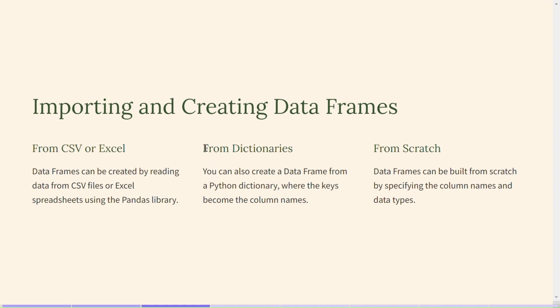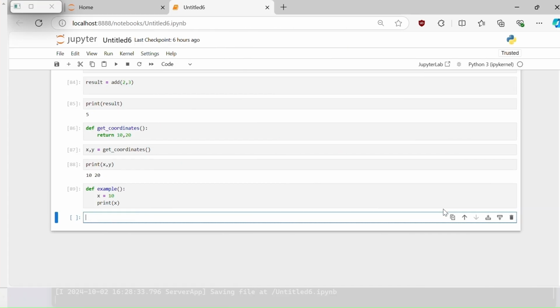If you create a data frame from a dictionary, you can create a data frame from your Python dictionary where the keys become the column names. And if we create a data frame from scratch, data frames can be built by specifying the column names and data types. So now we will create the data frames from a dictionary in our Jupyter.